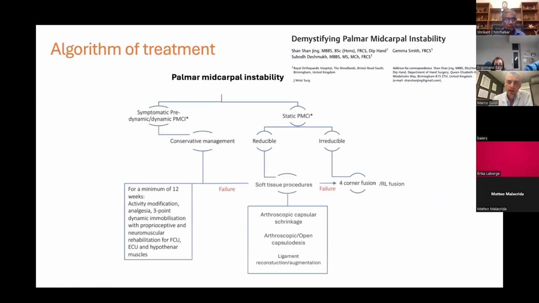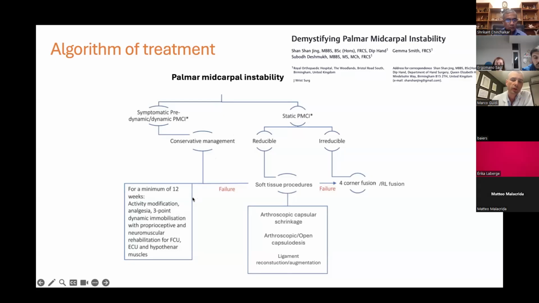So I took this paper just to modify a little bit what we can do as an algorithm of treatment. Of course, we had the experience of Shrikant, and we have so many proposals, but I think in symptomatic, pre-dynamic, and dynamic, we can do some conservative management. And therapists are crucial in this part.